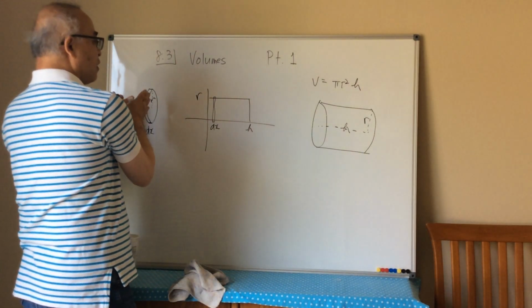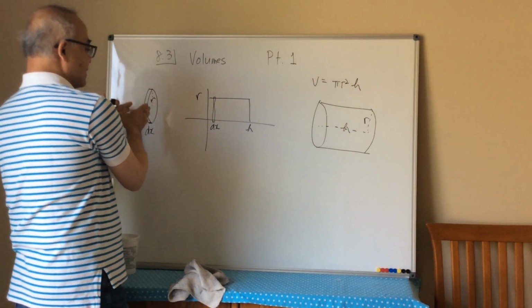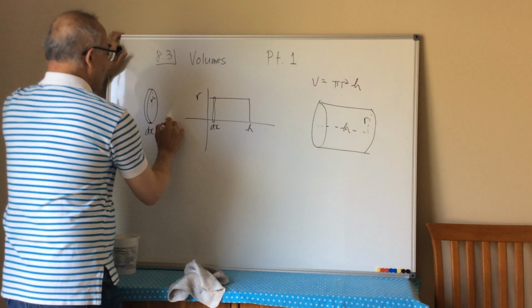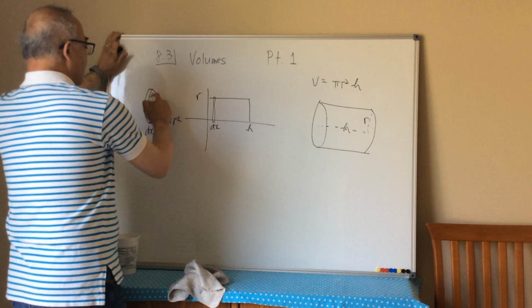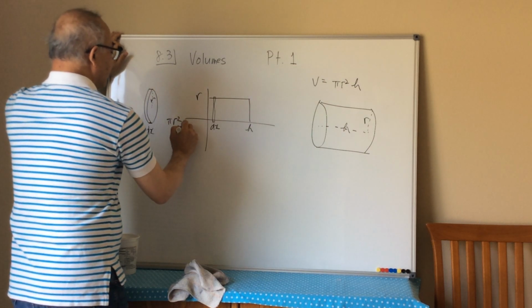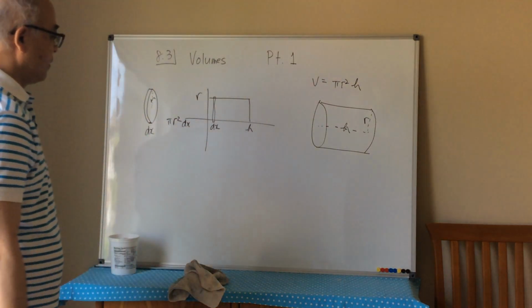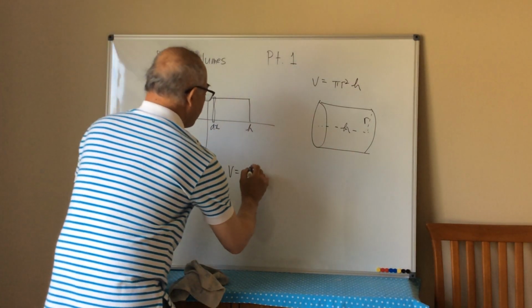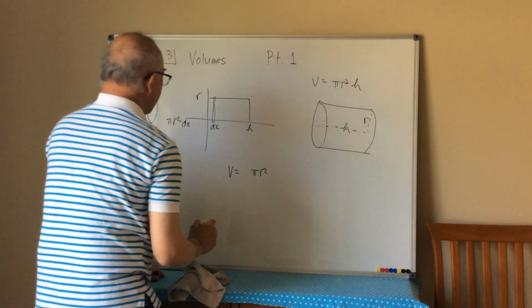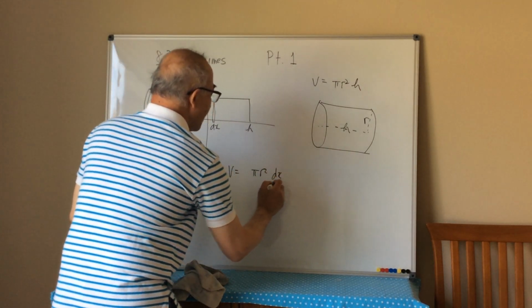So the volume of this thin little disc is going to be what? Pi r squared, the area, times the height, dx. Okay.